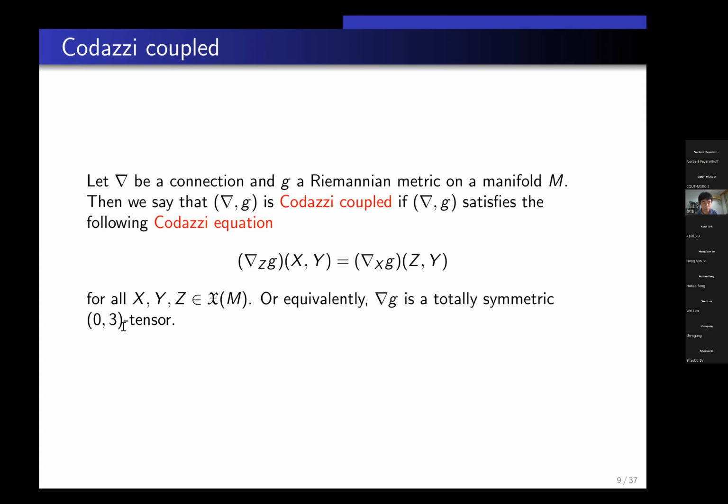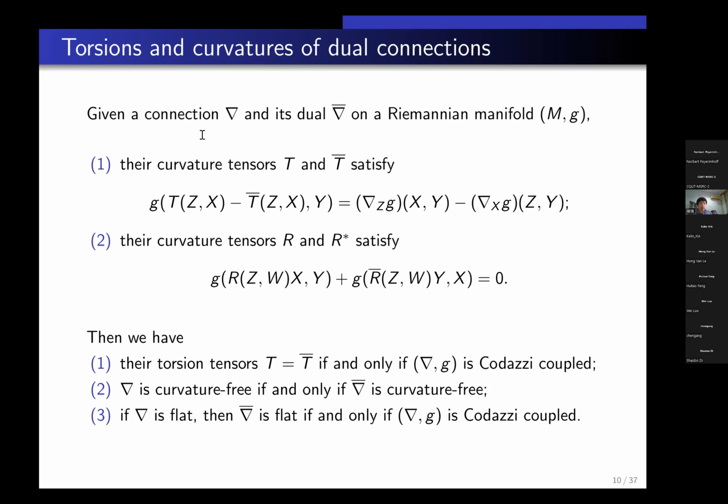Totally symmetric (0,3) tensor. This is a very important concept in affine differential geometry and also in information geometry. So we have this connection and its dual. Then actually there are curvature tensors and, sorry, this should be the torsion tensor. They satisfy these equations, and I think these are well-known facts in affine geometry.